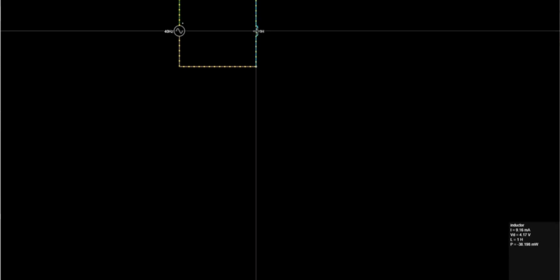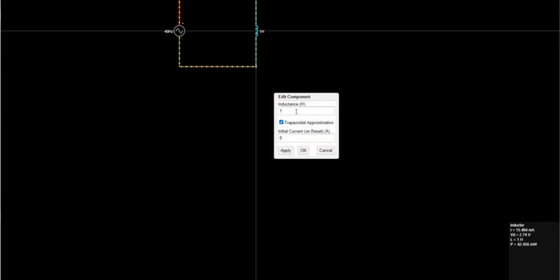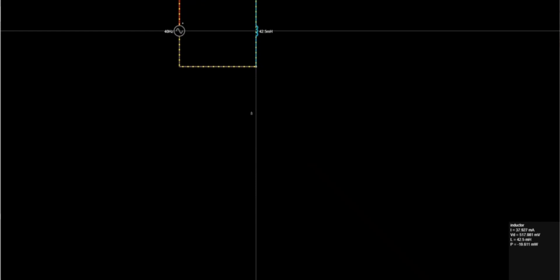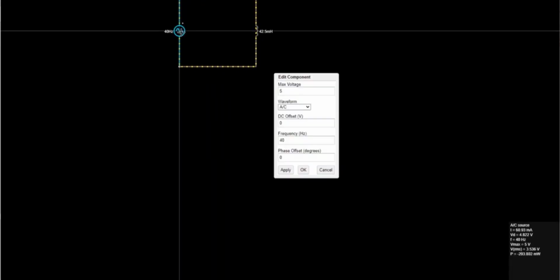I can do that just by double clicking on the inductor and saying, hey, inductance is 42.5 M for millihenry. Double click on that voltage source and set the max voltage to 6.05. That was my number. 6.05 is that peak voltage produced by that source.